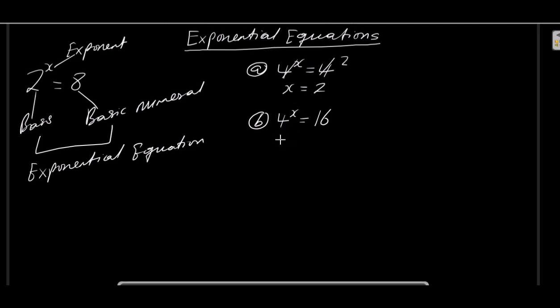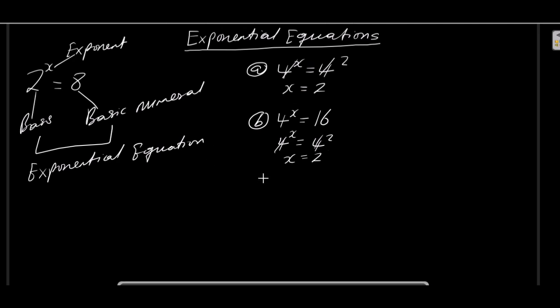In other words, we can say 4^x = 4^2. Now we've made this equation have the same base. Now we can cancel out, and our index will be equal to what? The second index, which is 2.